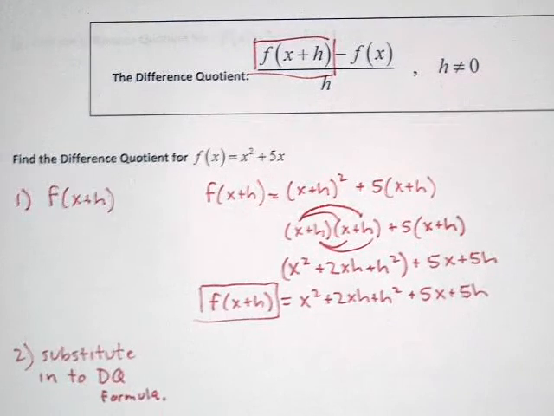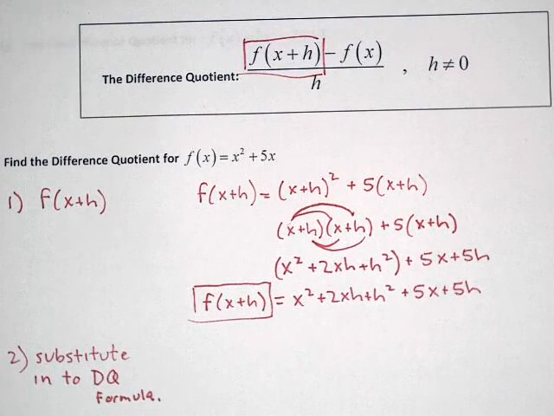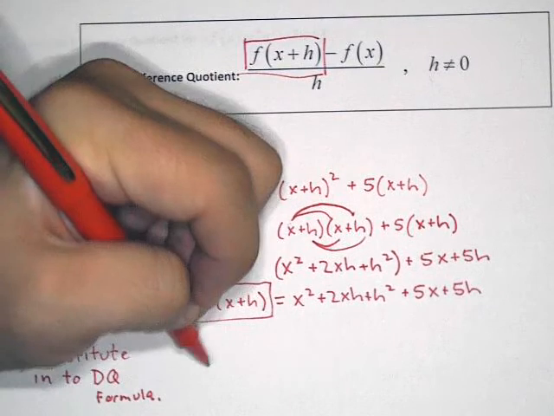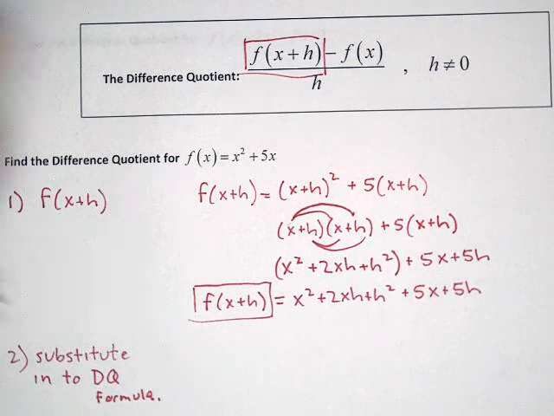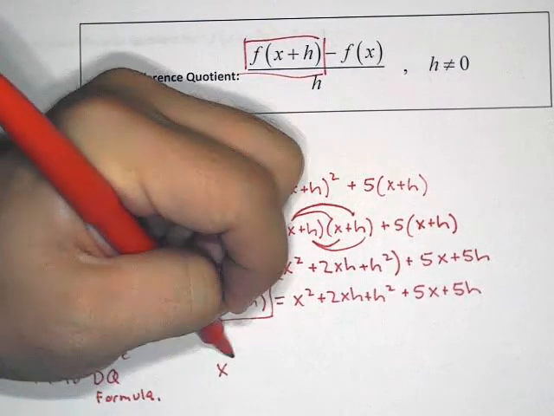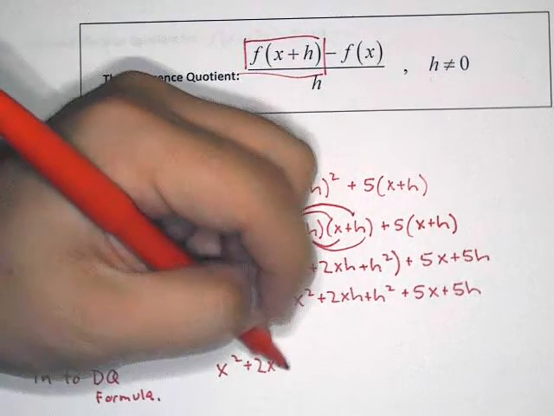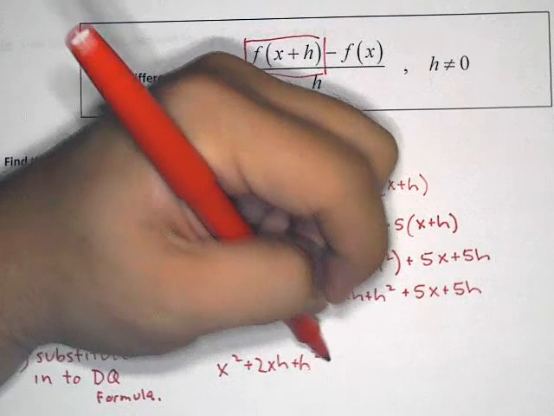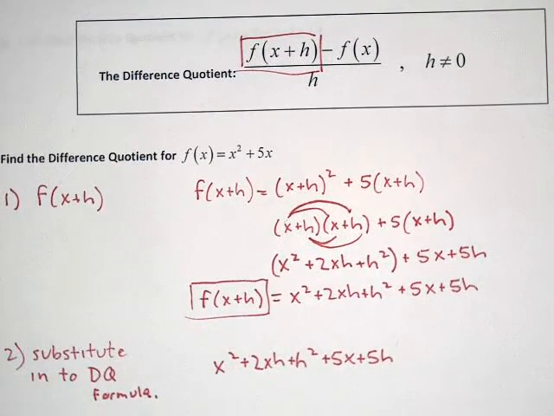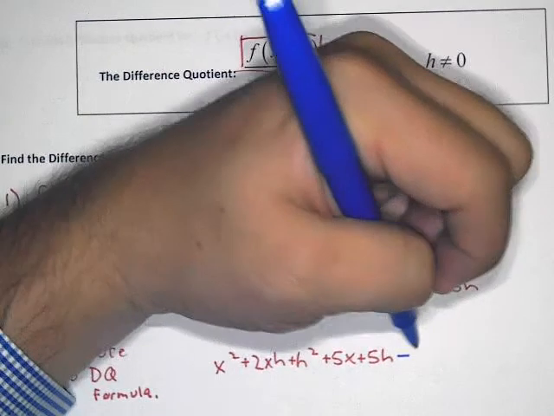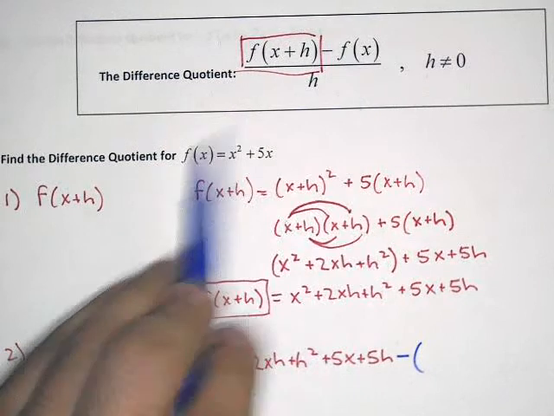I'll stay in red for this part. I'm going to completely put this into the difference quotient formula. So I have x squared plus 2xh plus h squared plus 5x plus 5h. And what I'm going to do now is subtract f of x.